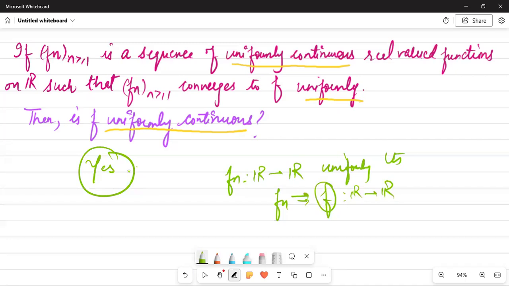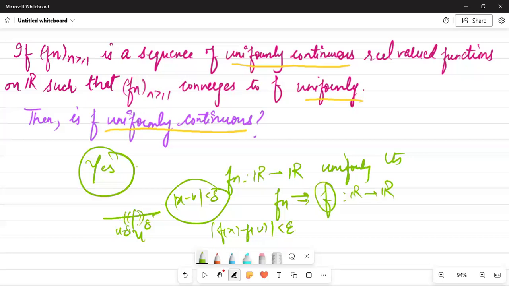The moment you choose epsilon, you get a delta such that if you take any point, for example u, and if x satisfies the inequality |x minus u| less than delta, then |f(x) minus f(u)| is less than epsilon.